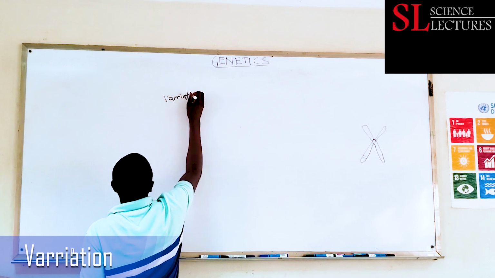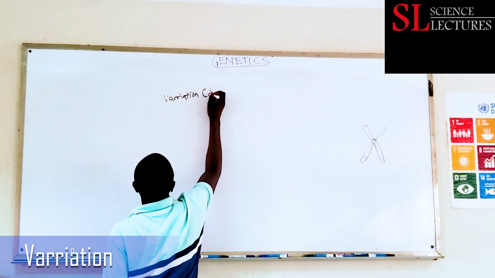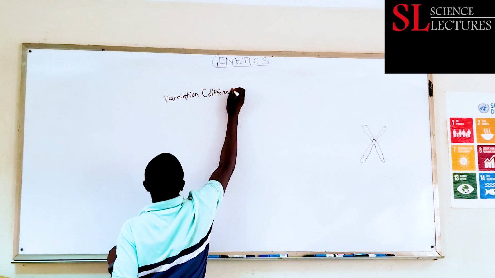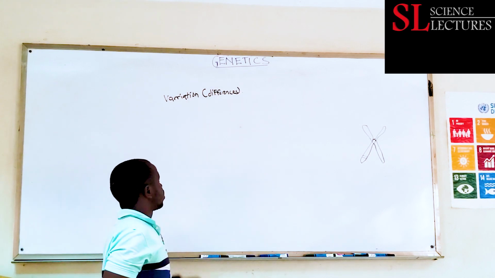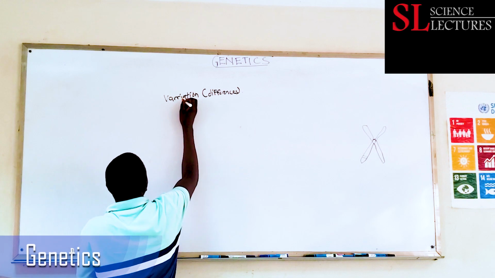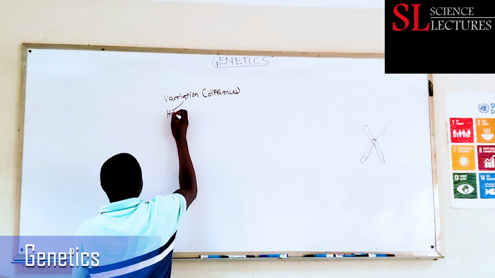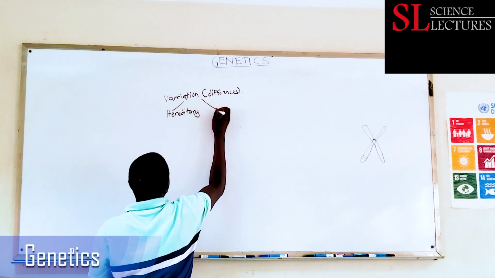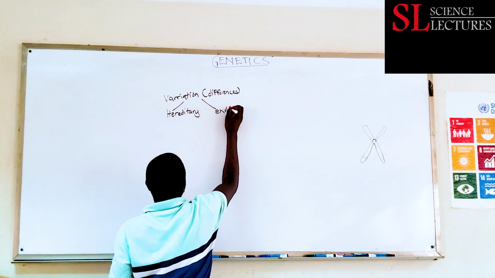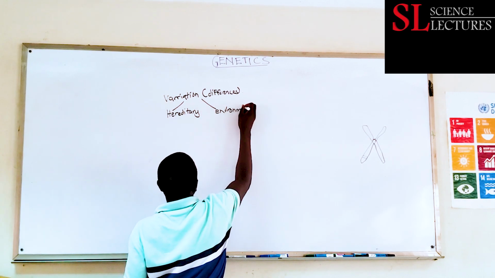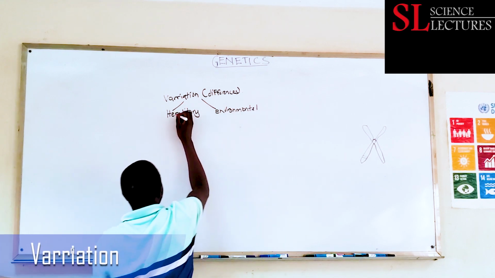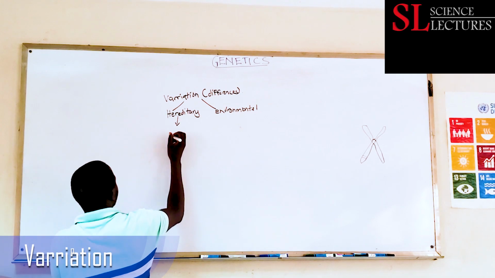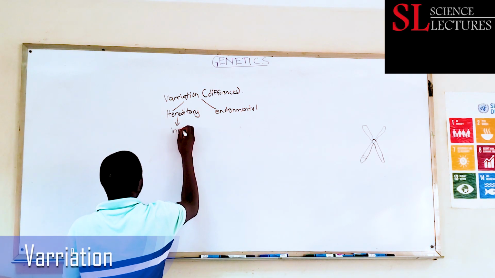Variation simply means differences in inherited traits. And this variation can be hereditary, or it can be environmental. Hereditary variation is where we have differences in inherited traits.